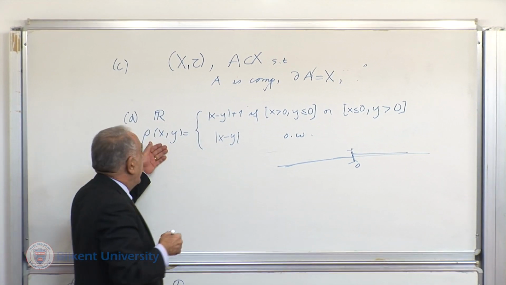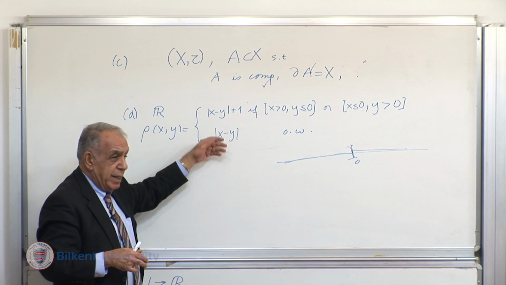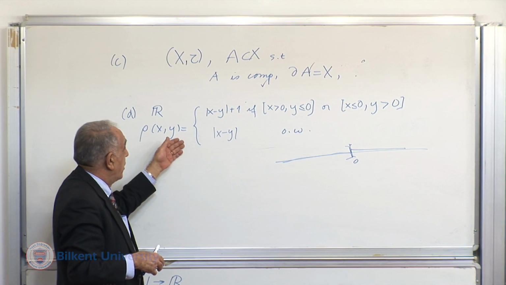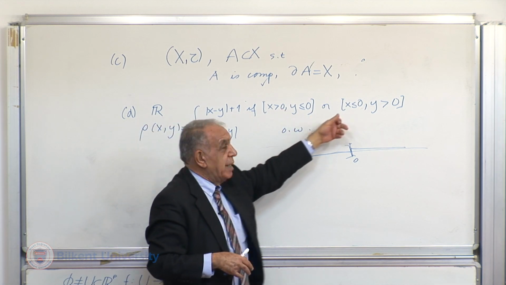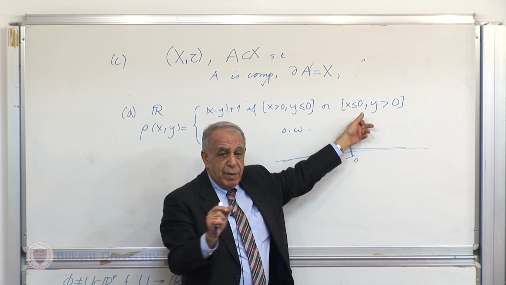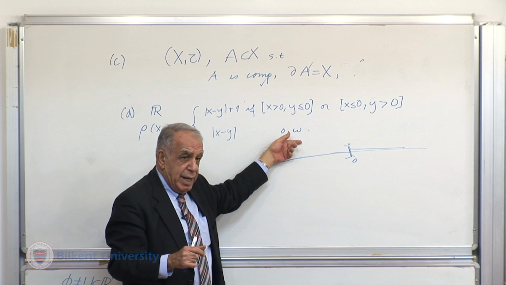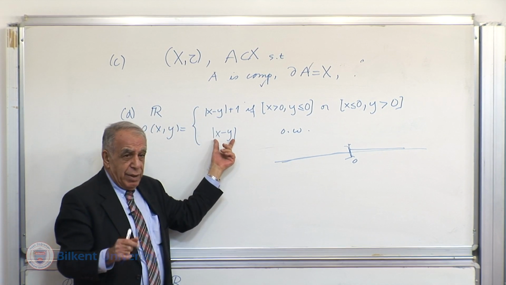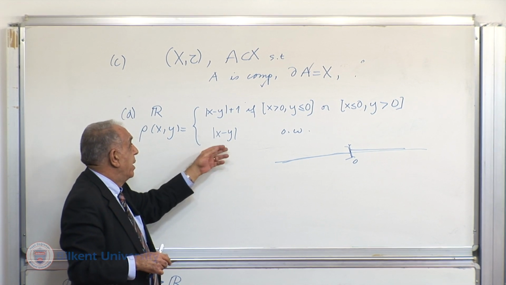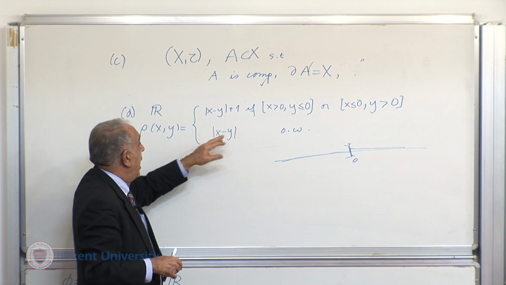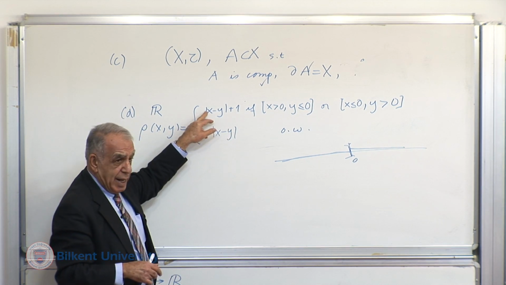Well, it's larger than or equal to 0, clearly. If x is equal to y, then you cannot have either this or this, so you have to be in here, then this is 0. And if rho xy is equal to 0, you cannot have this case.